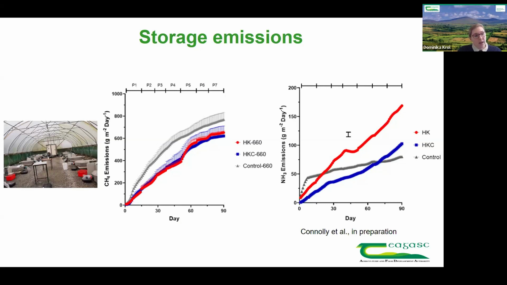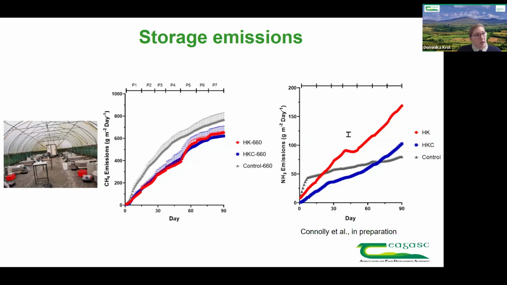And here we see that the two formats of slurry additive that we tested both ended up above control. However, the blue treatment, you see, is below control for over 60 days.